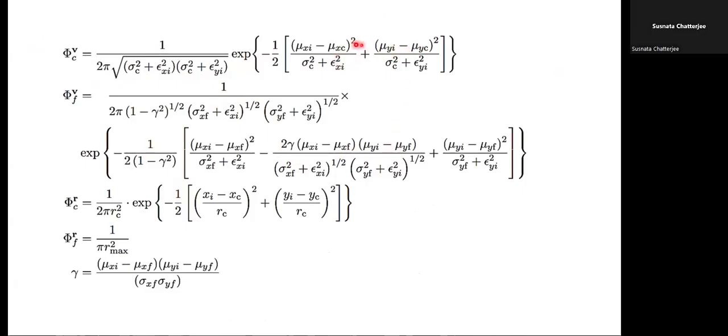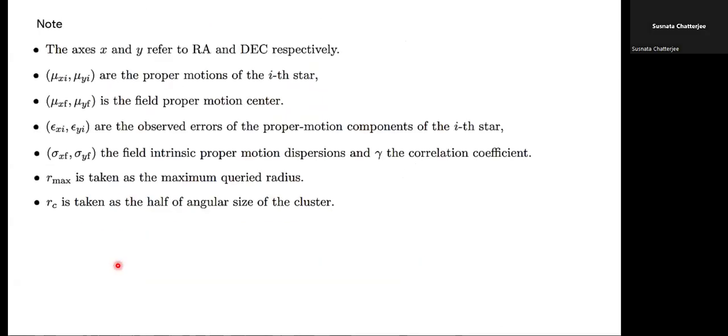Mu yc and mu xc are the mean cluster proper motion centers. Sigma c is the intrinsic cluster PM dispersion. Epsilon xi and epsilon yi are the respective PM errors of the cluster stars, and gamma is the correlation coefficient. RC is the characteristic radius, and R max is taken as the maximum queried radius. So we have defined all the terms here.